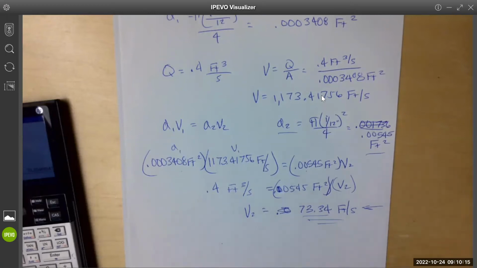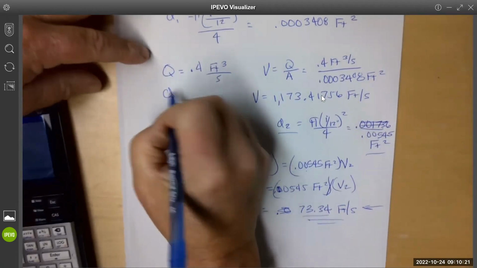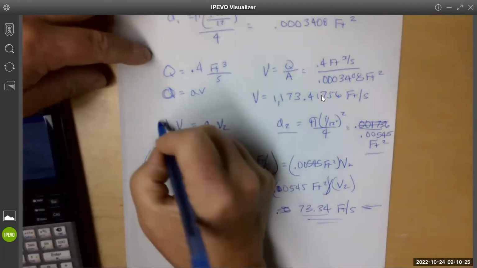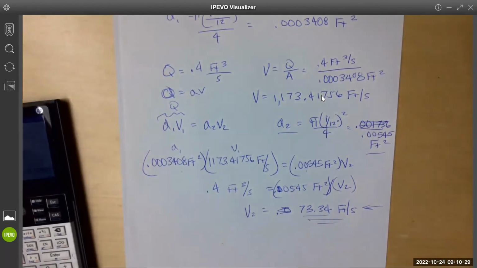So if we're given flow, will the left side always equal just one? You recognized it right away, but remember what Q is equal to? A times V. So if you're given Q, it'll fill that side. If you're given velocity, then you still have to get to Q. And you could work this three different ways.